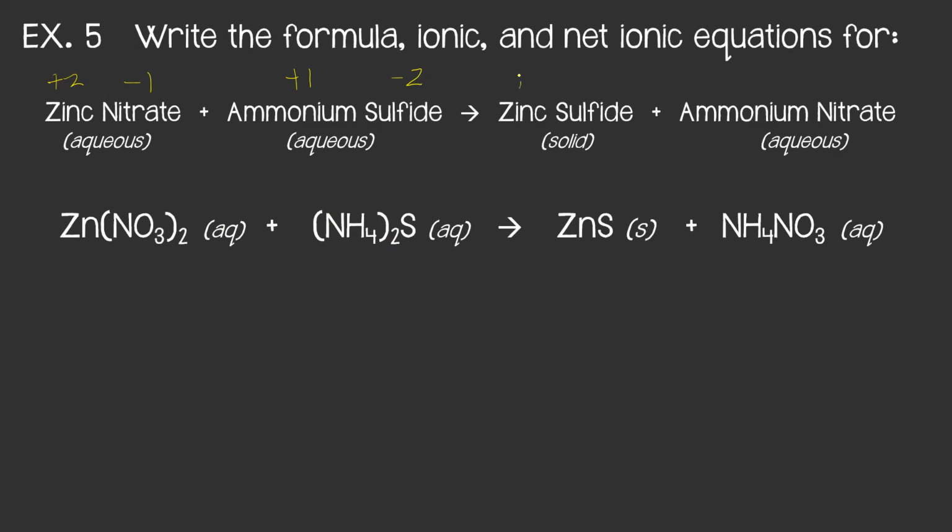Yields zinc, once again, a +2. Sulfide a -2, so no subscripts there. Solid. And then ammonium again, +1, and nitrate -1. No subscripts there. If you wanted to, you could throw parentheses. Now do your ionic and net ionic equations.